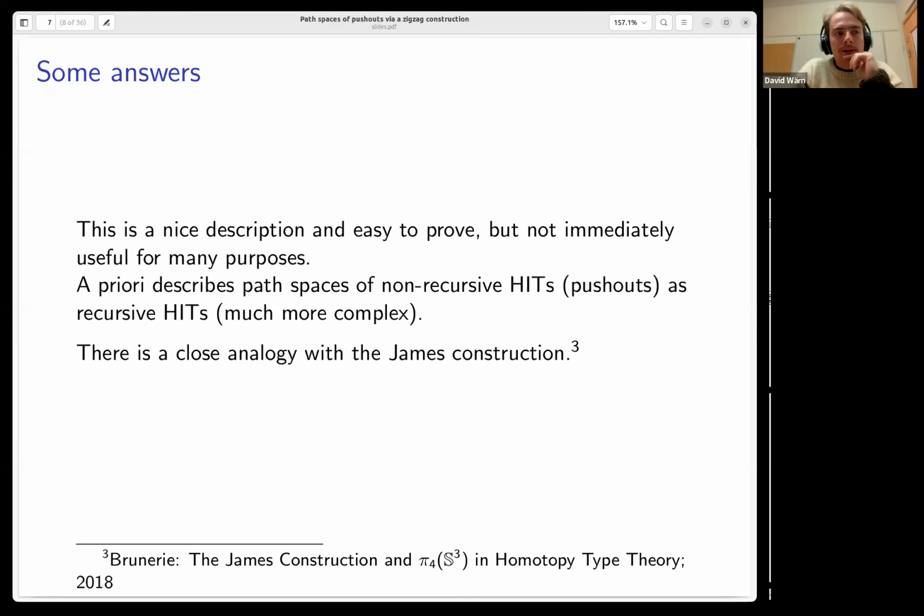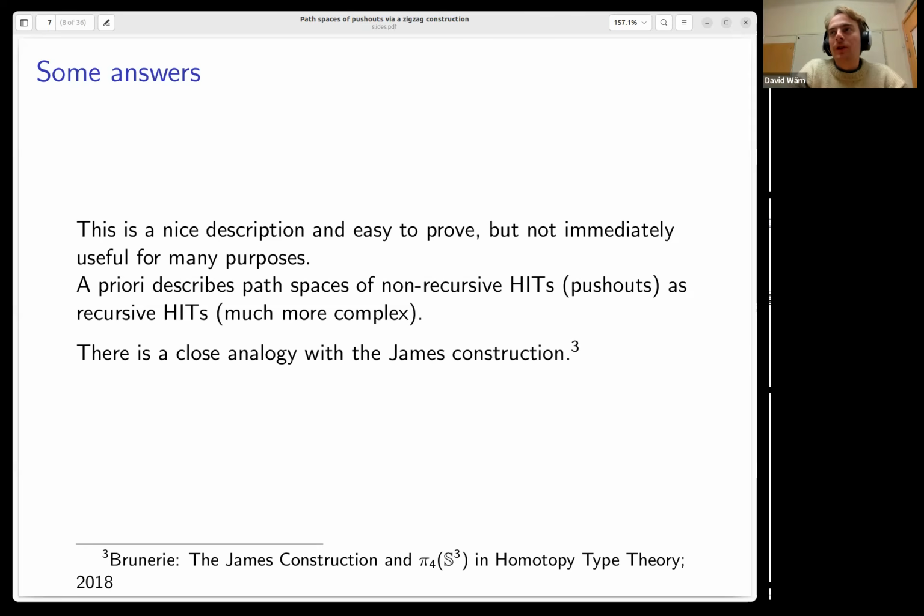And they have some applications in their paper, but it's kind of limited. So there are some things you would like to prove where it's not immediately useful. And you can kind of tell that something strange is going on in that it describes path spaces of non-recursive HITs, so pushouts, as recursive HITs. And recursive HITs are much more complicated than non-recursive HITs.